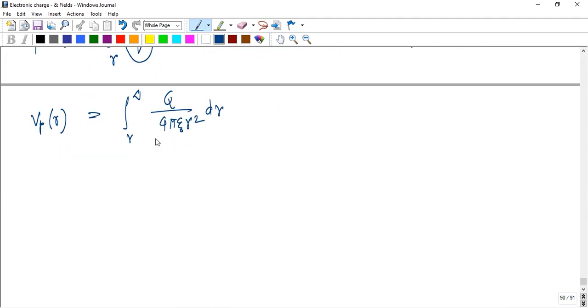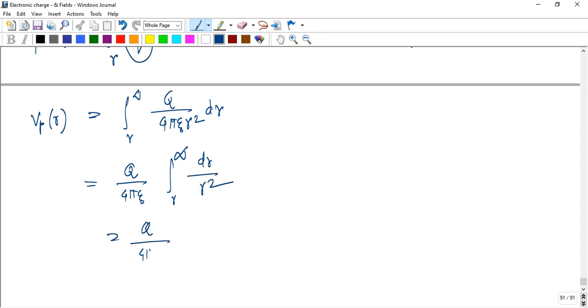So we get Q over 4 pi epsilon naught, integral from R to infinity of dr by R square.